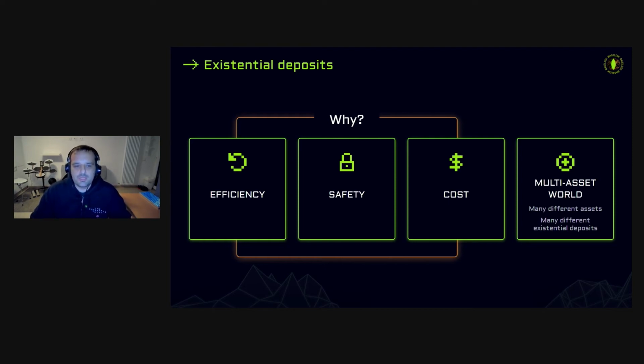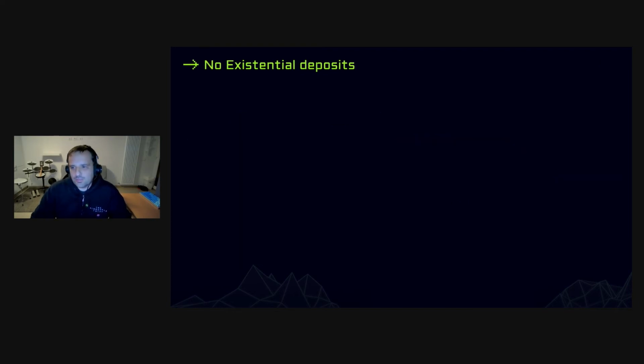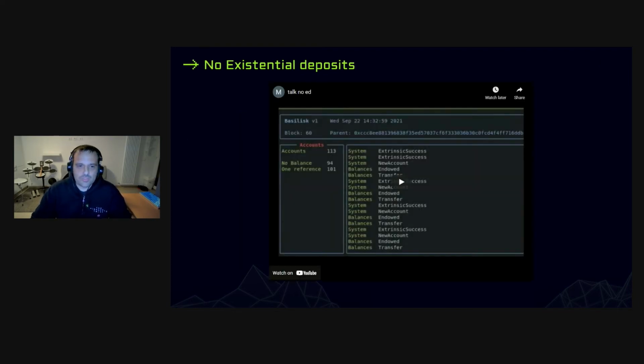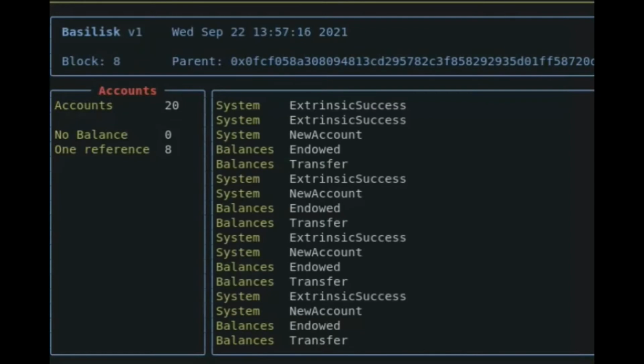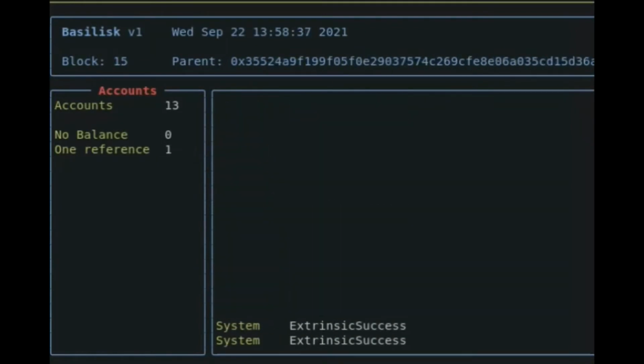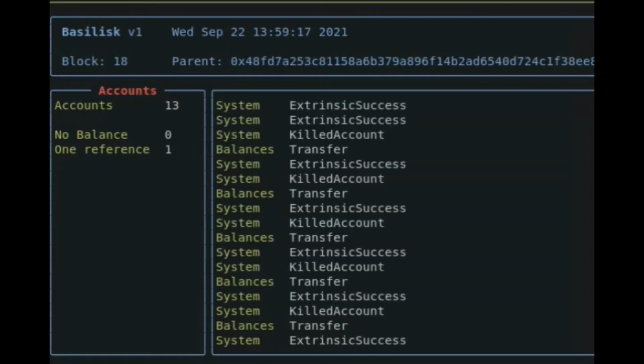One of them is a scenario where I transfer some amount to a new account and immediately transfer it back to the original account, leaving the new account without any balance. So we can now watch and see what happens if the existential deposit is set to 0. We can now play the first video, please.